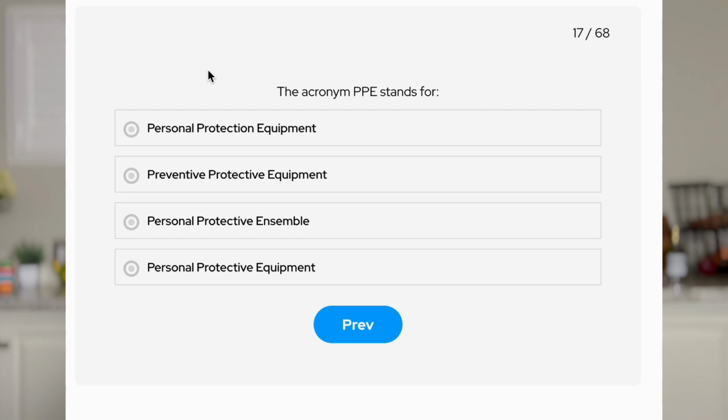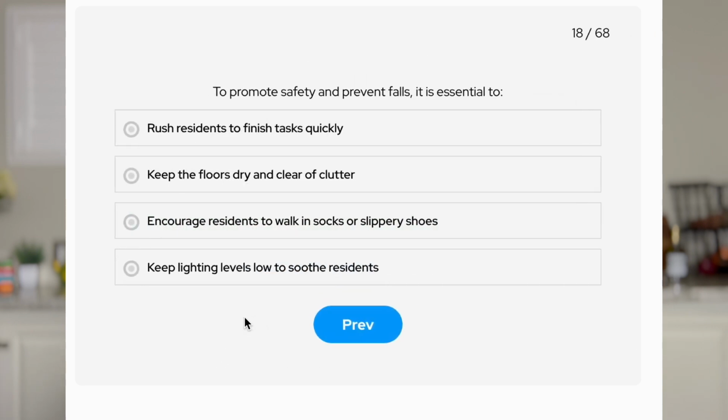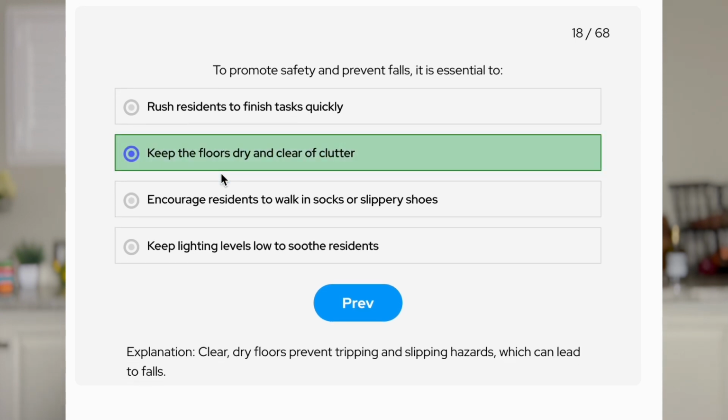The acronym PPE stands for Personal Protective Equipment. To promote safety and prevent falls, it is essential to keep the floors dry and clear of clutter.